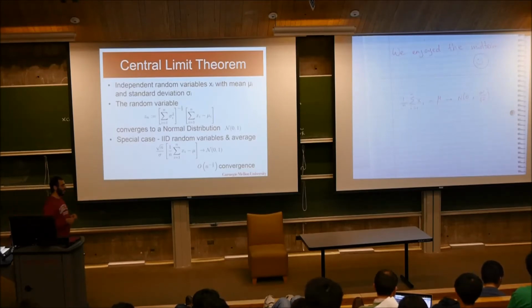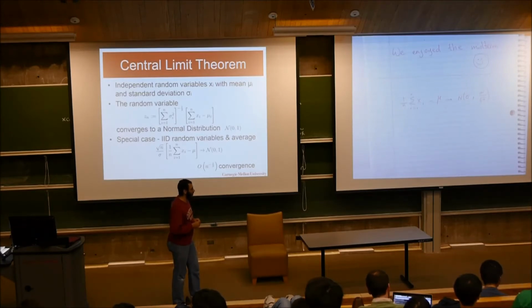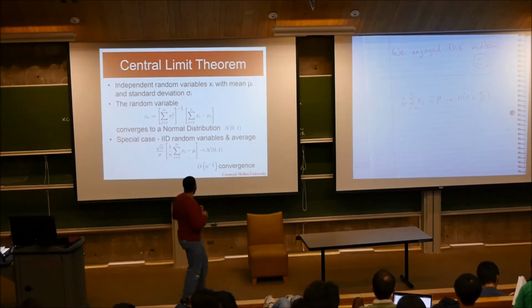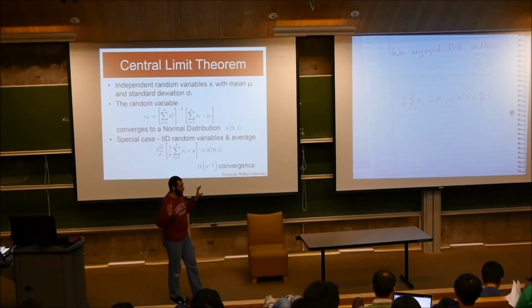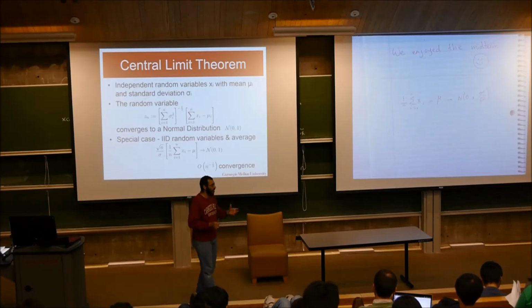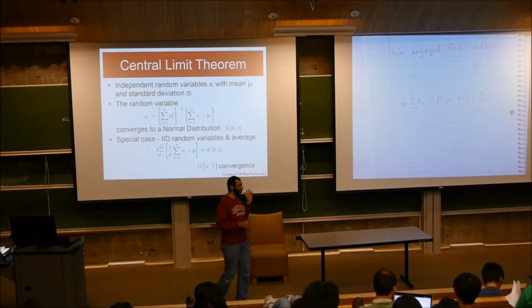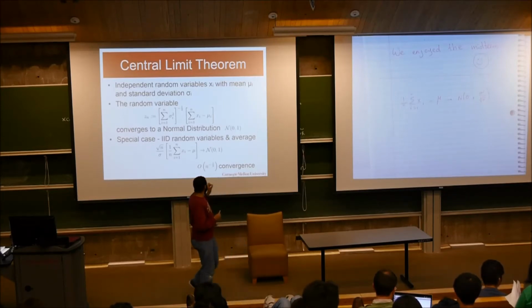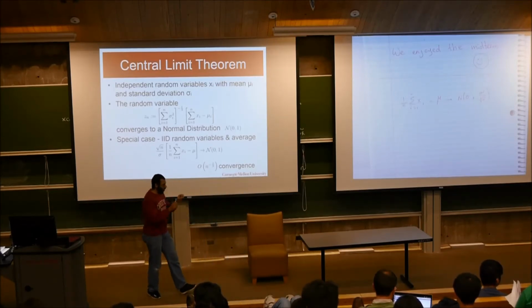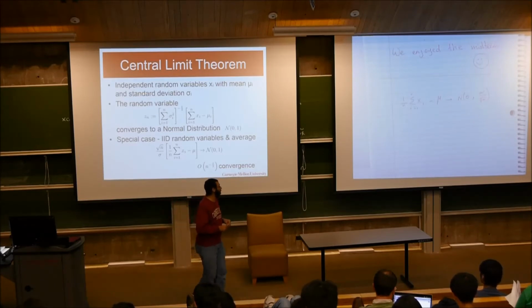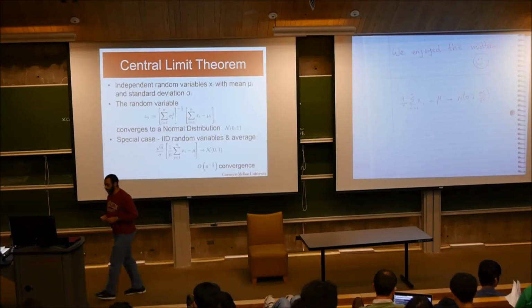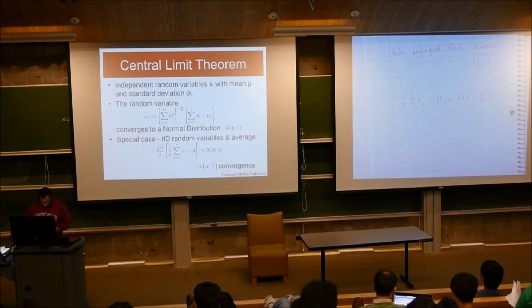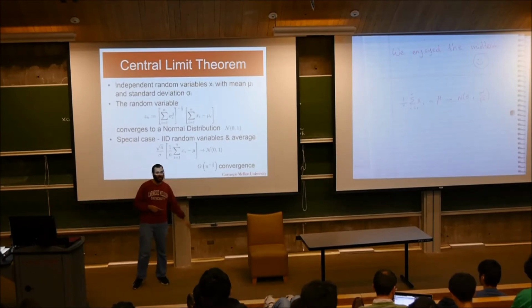So the first xi is the mean for the ith random variable, right? Here, xi is the ith random variable, the ith sample, so it's a sample from the ith random variable. But then we assume that all random variables have the same mean and the same sigma. This is called O n to the power minus half convergence.